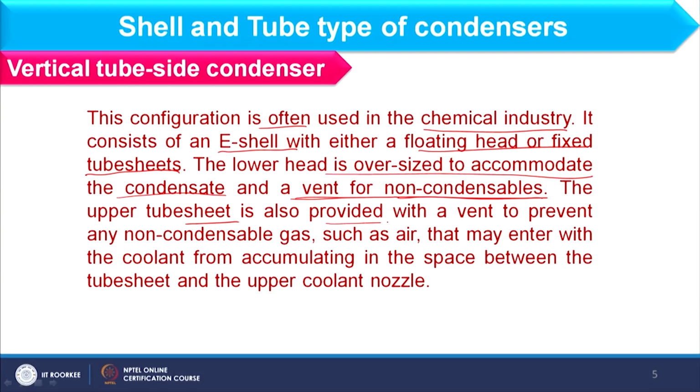So, the upper tube sheet is also provided with a vent to prevent any non-condensable gases such as air that may enter with the coolant from accumulating in a space between tube sheet and upper coolant nozzle. So, in this way we usually consider the design of vertical tube side condenser.